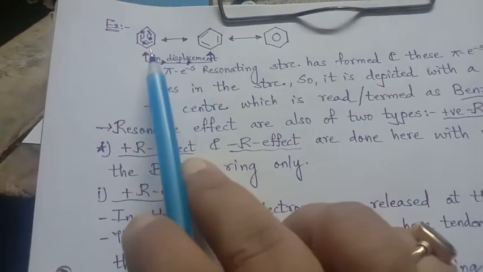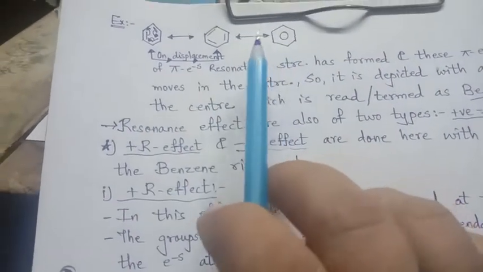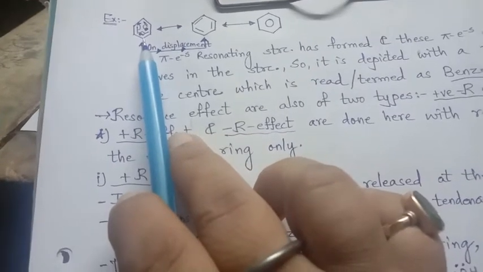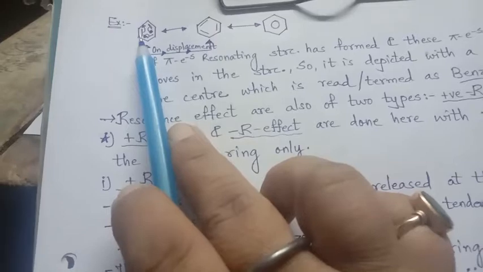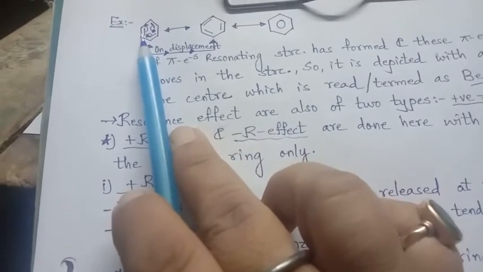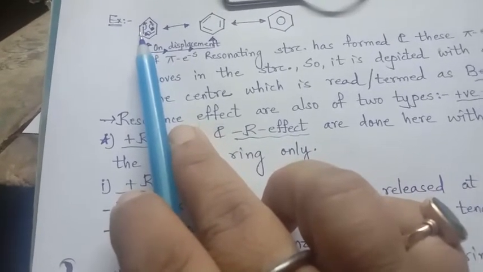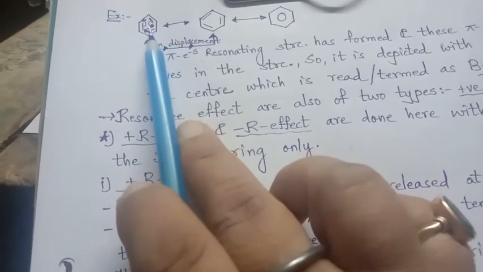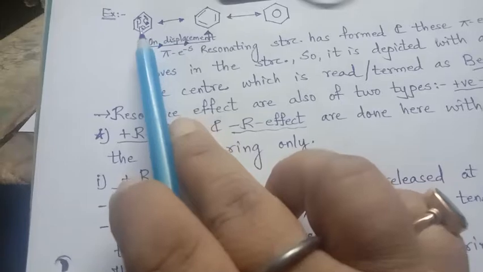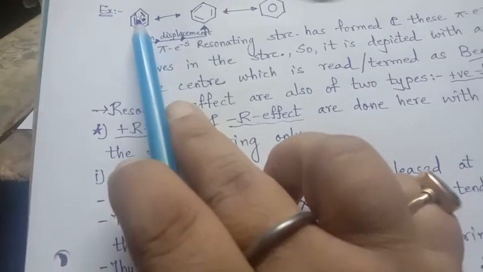Now let us see here a cyclic compound, right? So here it is, benzene, 1, 2, 3, here 3 double bonds are present, right? So what happens here, see, I have shown this arrow here, this is over here, and this goes over here.